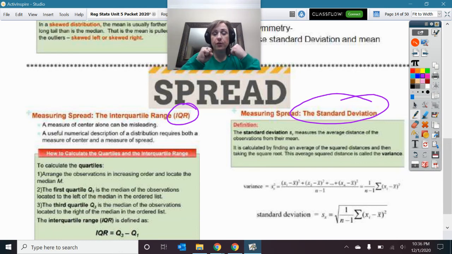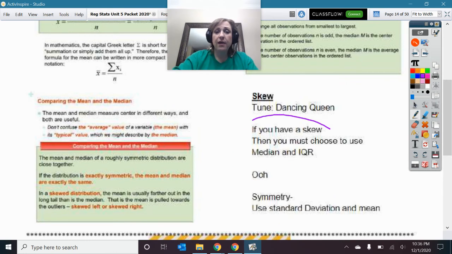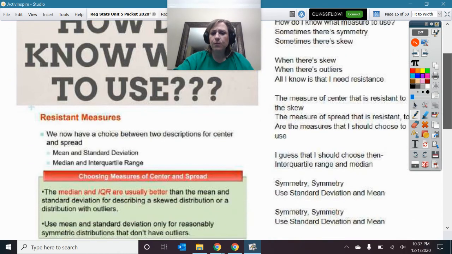Now, which of those should you choose to use? Well, that depends. Do you have skew? Do you have outliers? If you have skew, then you must choose to use median and IQR. If symmetric, use standard deviation and mean. And why is that?